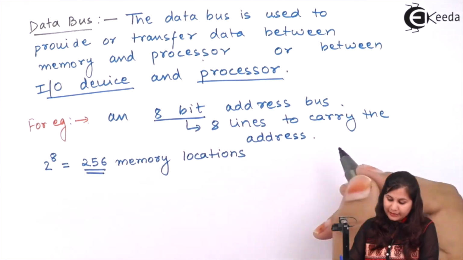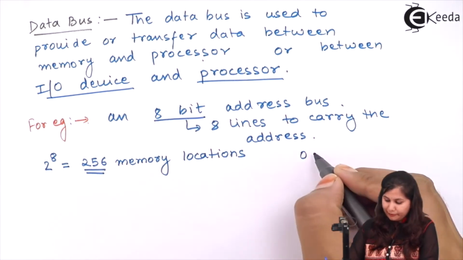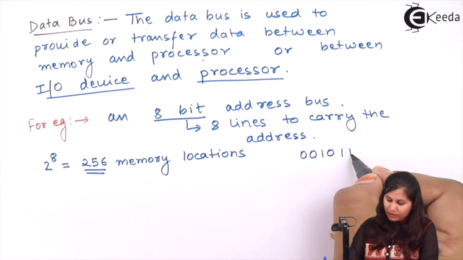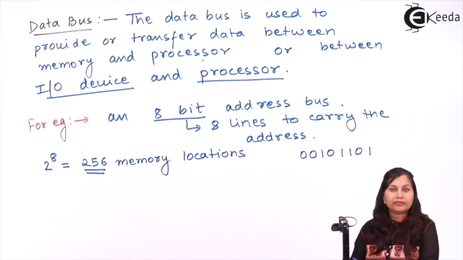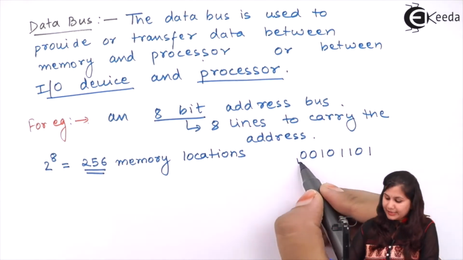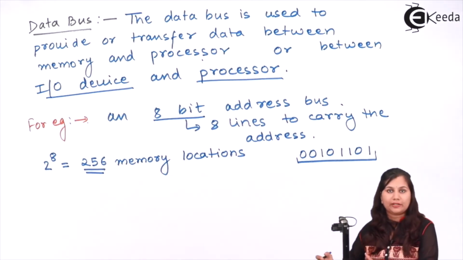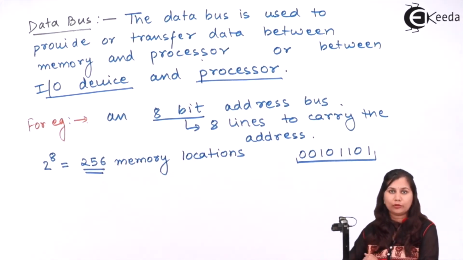For example, the 8 bits can be 0, 0, 1, 0, 1, 1, 0, 1, a combination of 0s and 1s. These 8 bits can have 256 combinations, and these can be used to address 256 memory locations.